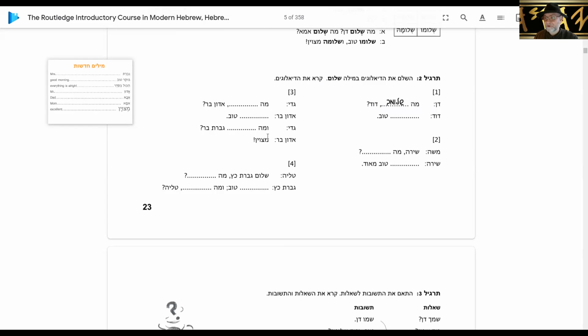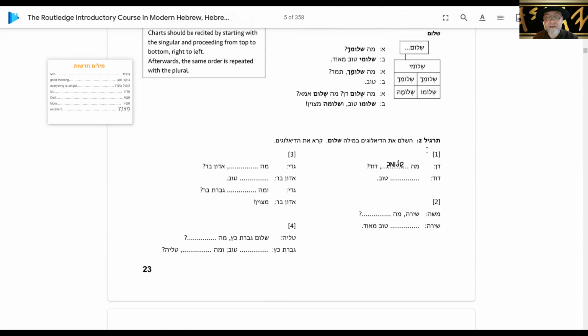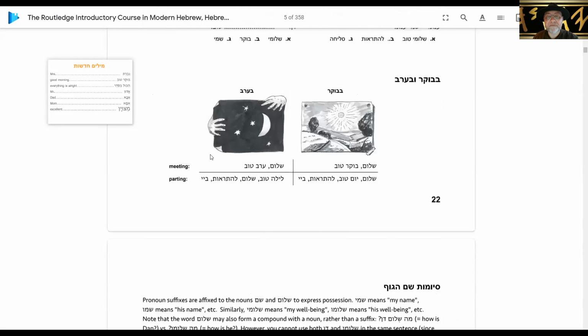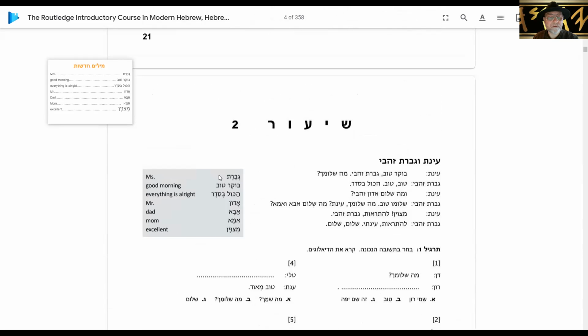Right down to even the direction of reading, whereas English is left to right, Hebrew is right to left. So I think what I'm going to do is leave it here, and we'll do these exercises the next time, and you'll have this video to refer to.